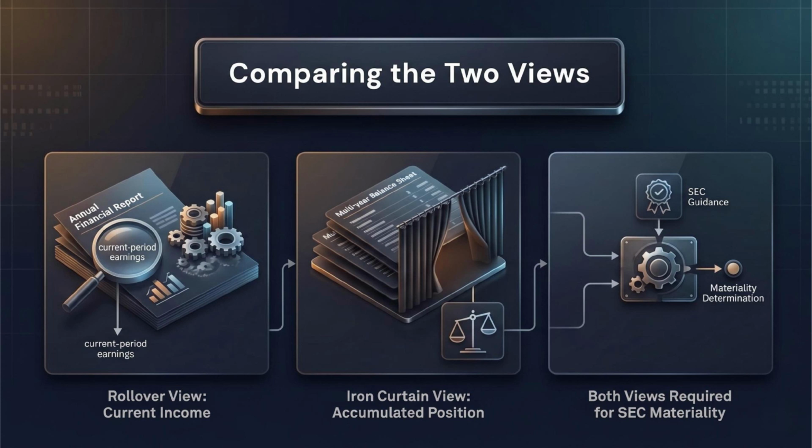Neither method is perfect by itself. That is why public registrant guidance expects both views to be applied. If a misstatement is material under either view, the correction path must be considered carefully. The two methods are not enemies. They are two lenses looking at different dimensions of the same reporting risk.